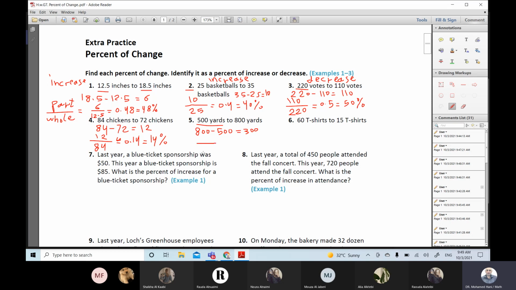So use the rule now. The part will be 300. Who can tell me now what is the whole number? What is the original number? Always the original number or the basic number, the number before the increase or decrease. So which number here? Is it 500 or 800?